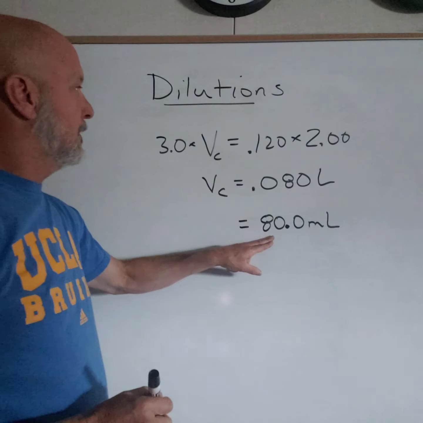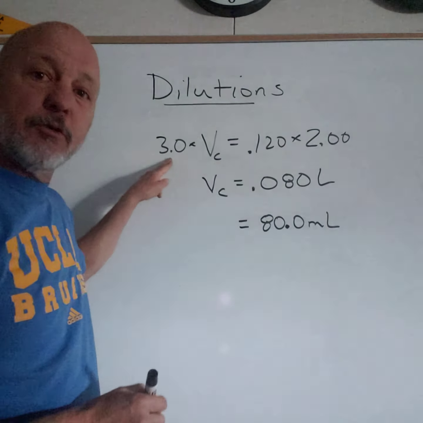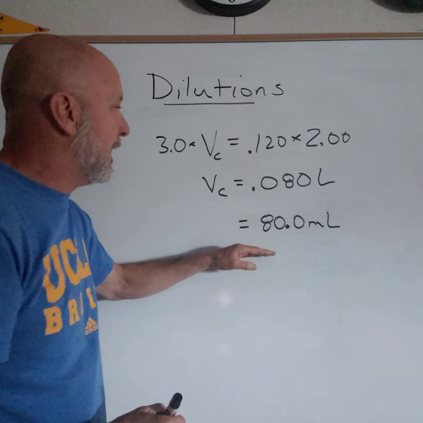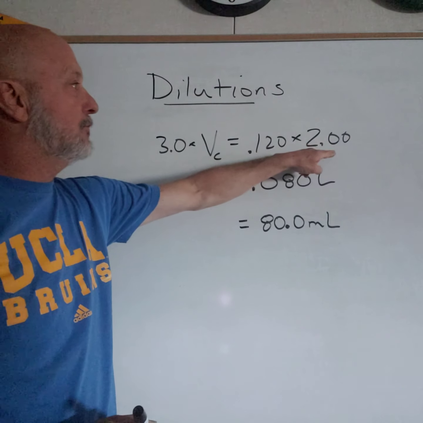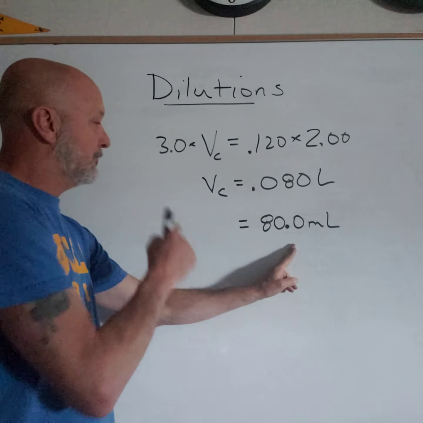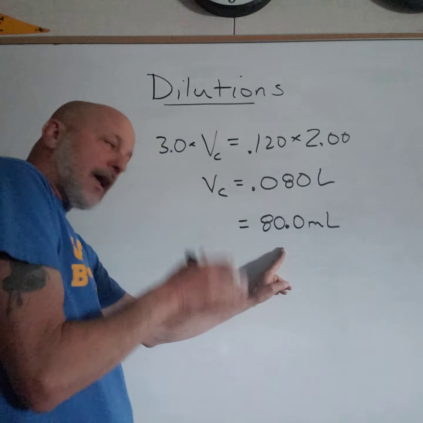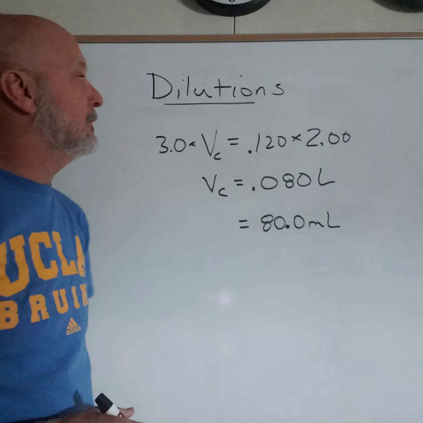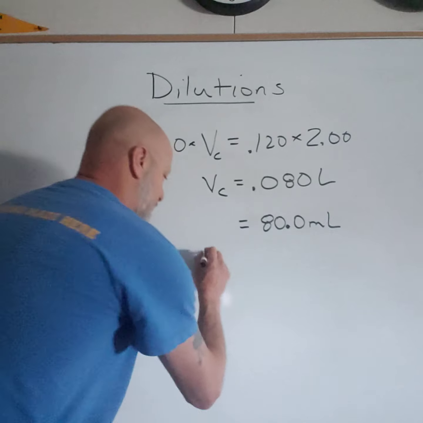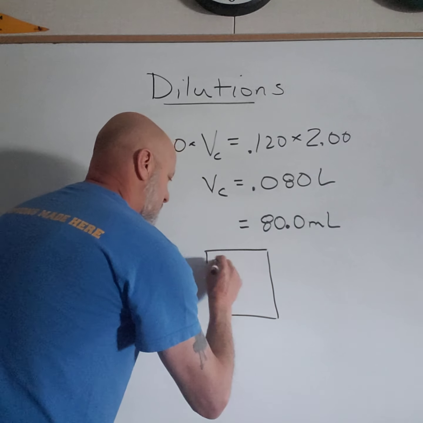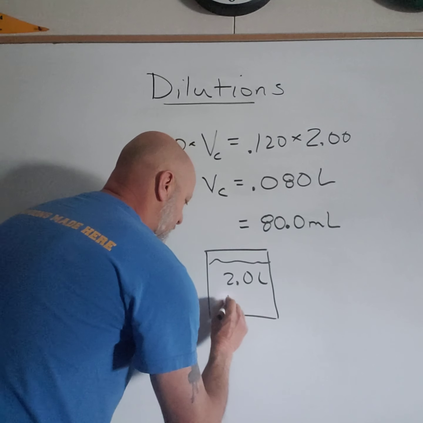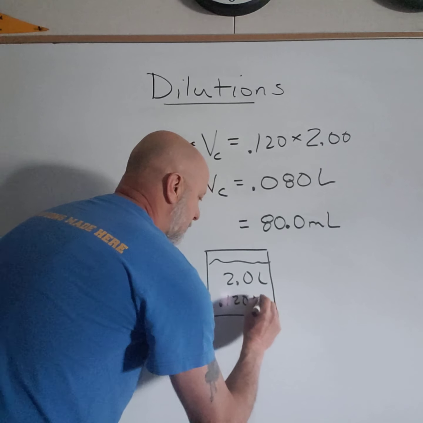I take my 3 molar concentrate, take 80 milliliters of it, and add water until I reach a new volume of 2 liters. If I do that, I will have 2.0 liters of a 0.120 molar solution.